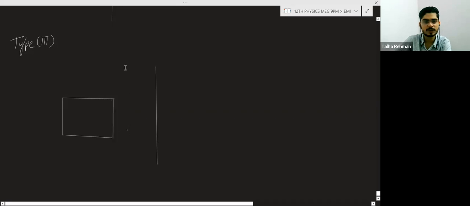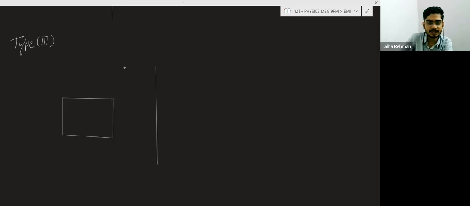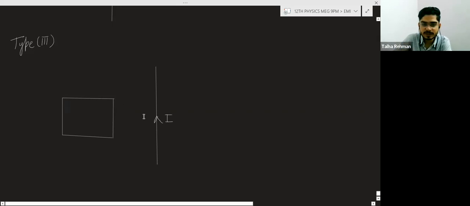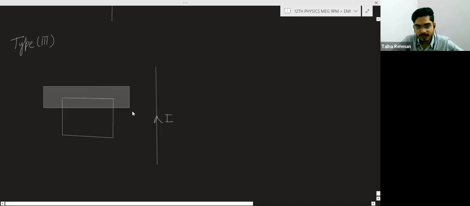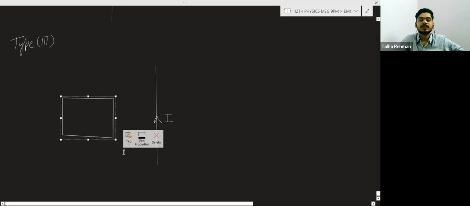In this wire the current is in this direction. Suppose this current I is increasing. So we have to tell in which direction there will be the induced current.